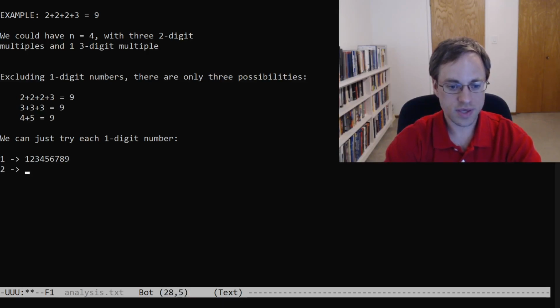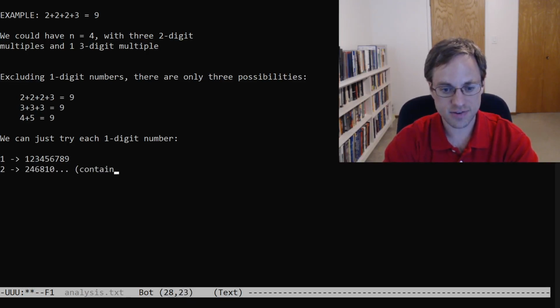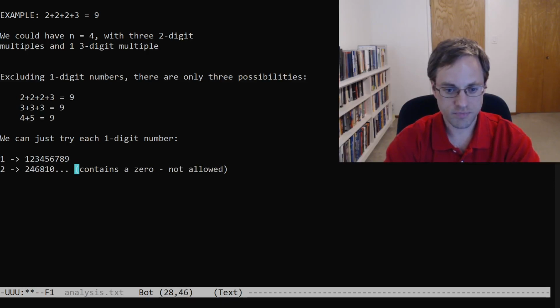2 gives us 2, 4, 6, 8, 1, 0. And unfortunately, that contains a 0. Not allowed. 3 gives us 3, 6, 9, 1, 2, 1, 5.